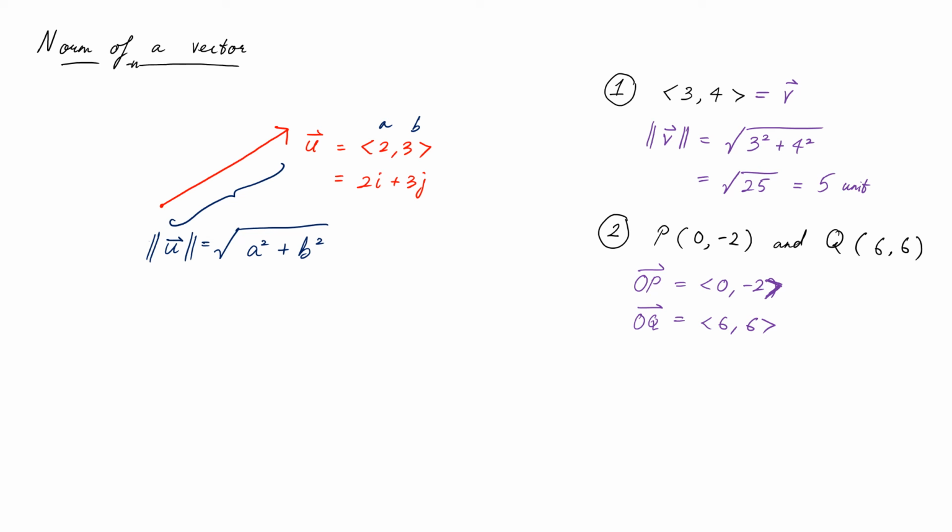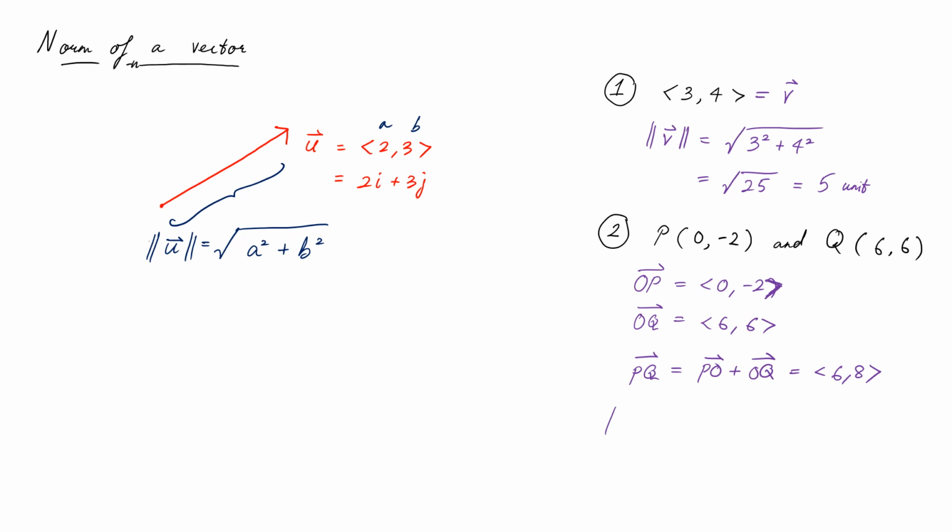So if we would like to find the length, or the norm, of vector PQ, firstly we need to find PQ. By using vector addition, PQ is given by PO plus OQ, which is basically the negative of OP plus OQ, and we should get (6, 8) here.